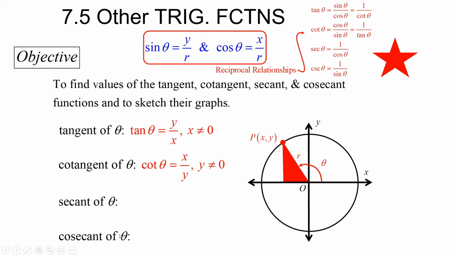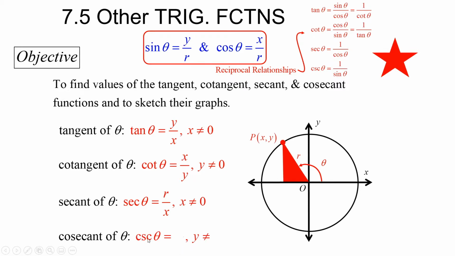Okay? Now, secant of theta. Well, secant of theta is 1 over cosine of theta, so that would be the reciprocal of x over r, which is r over x. And obviously, x cannot equal 0. And then cosecant of theta, well, that is the reciprocal of sine of theta, so cosecant of theta is 1 over sine of theta.